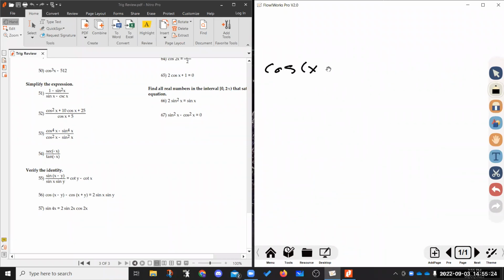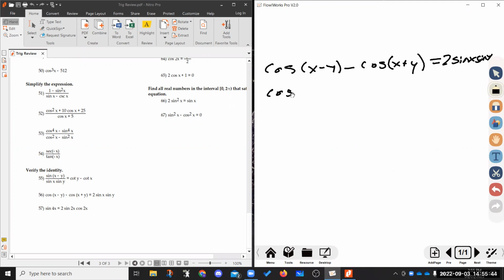Cosine of x minus y minus cosine of x plus y needs to equal 2 sine x sine y. So I'm just going to stack these over top of each other, the left-hand side.